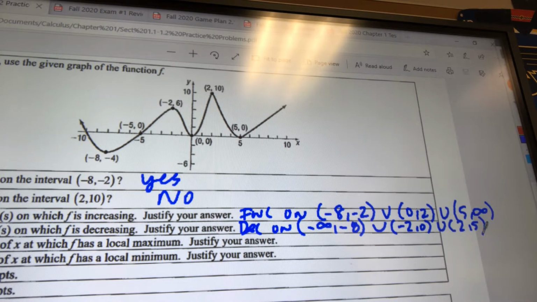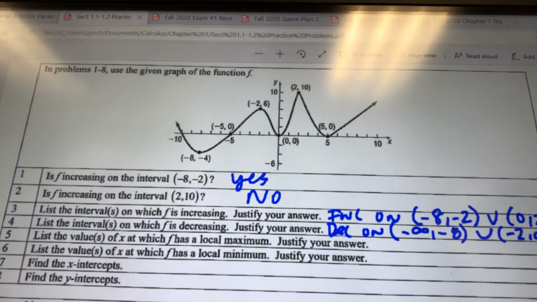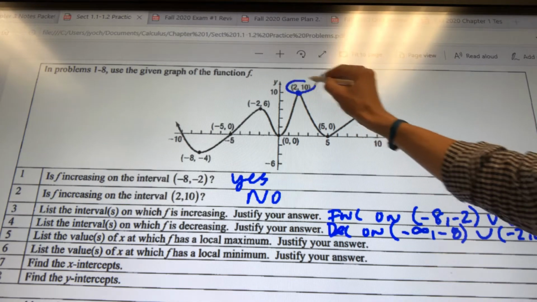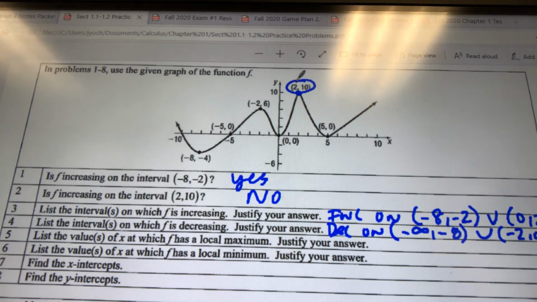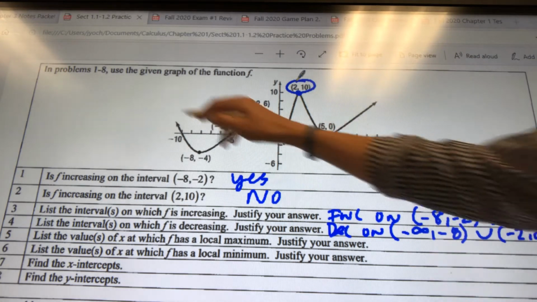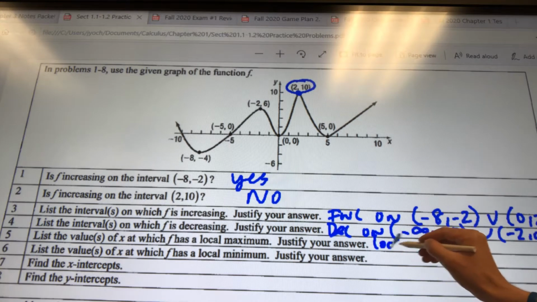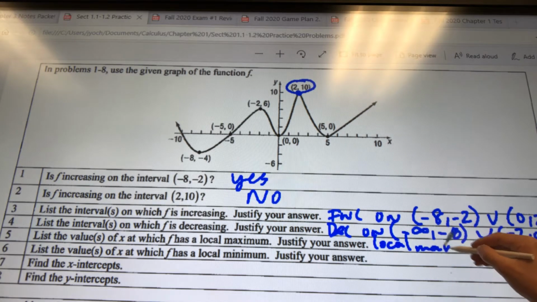List the values of x at which f has a local maximum. We're going to call that the local max. Technically it goes up towards infinity. And we're going to say it has a local max at x equals 2.